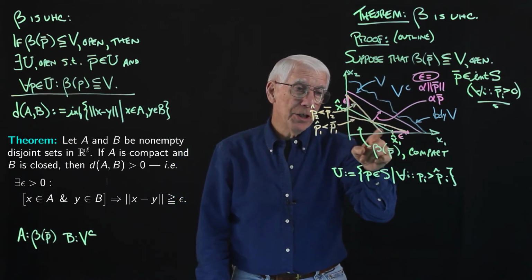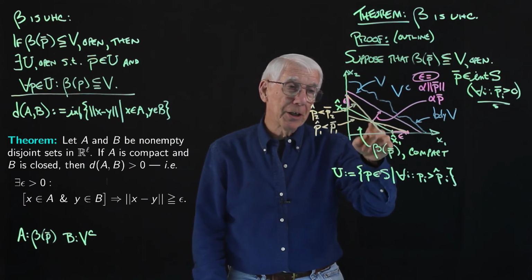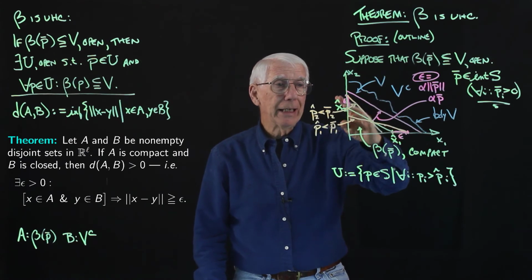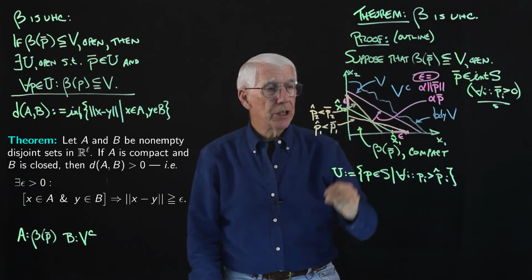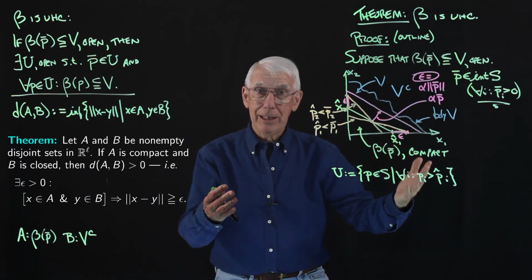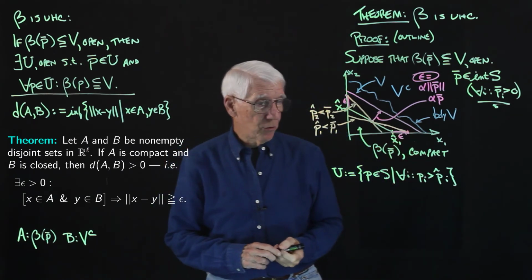And notice that both of the orange budget constraints, the budget sets, lie completely inside the pink bounded region. So all these other budget constraints will as well. So that's really the proof. So let's just write that down.